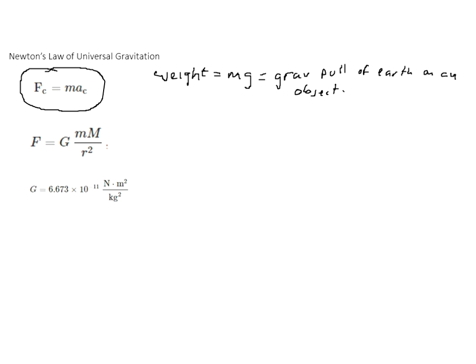So the Earth isn't the only thing doing pulling in general. Any object has a gravitational pull on any other object.